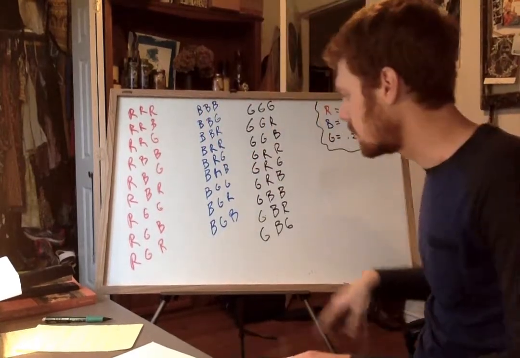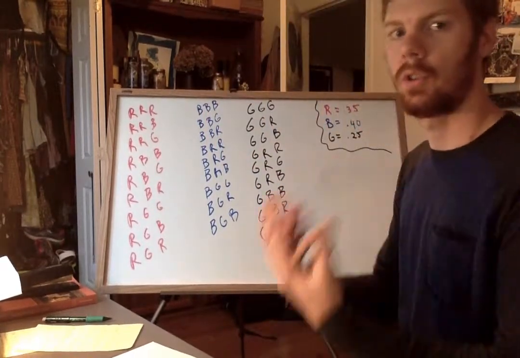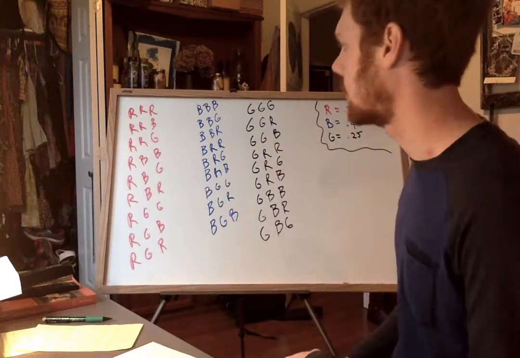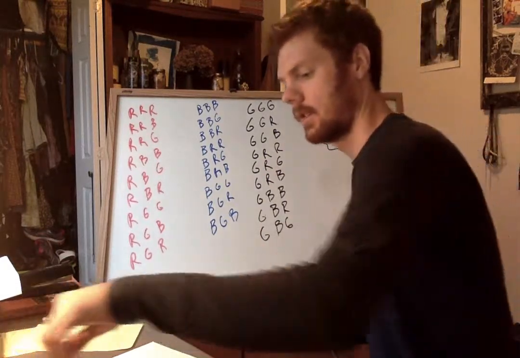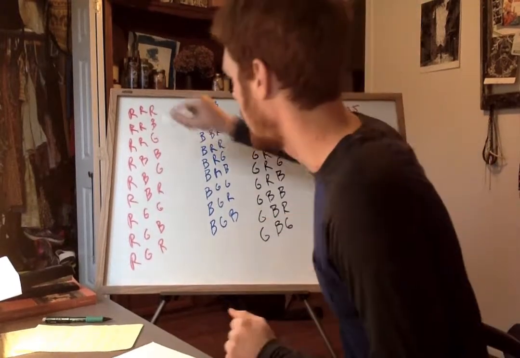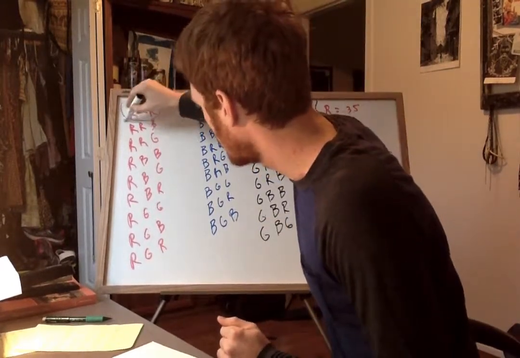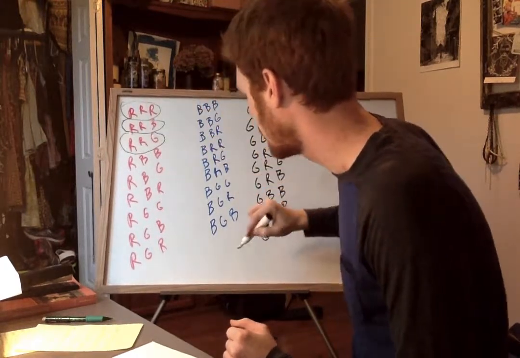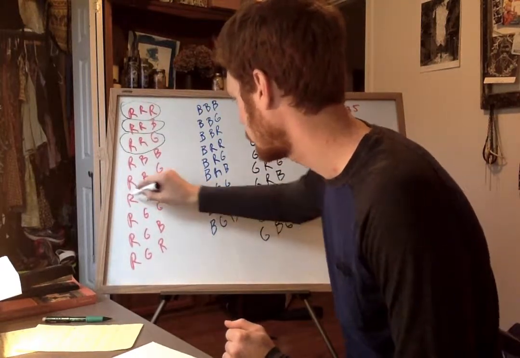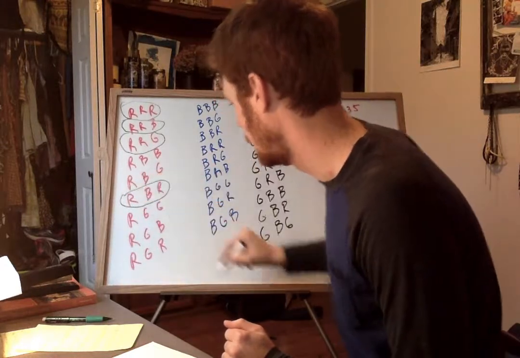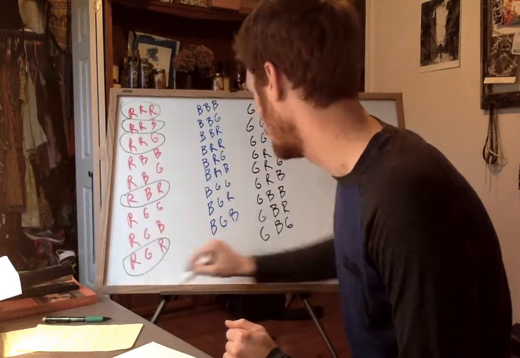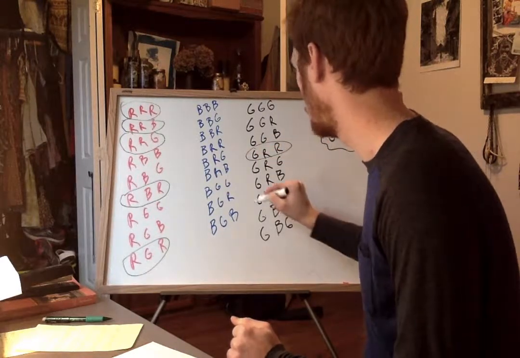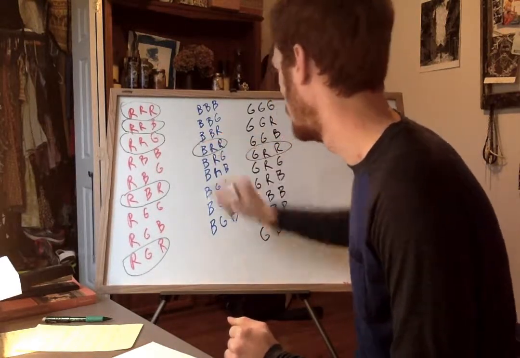And so what we want to do now is, our question is at least 2 red, and it doesn't matter where the draws are. We want to find the instances in which we have at least 2 red. Some are immediately obvious: there's one, there's one, there's one, and there's one.